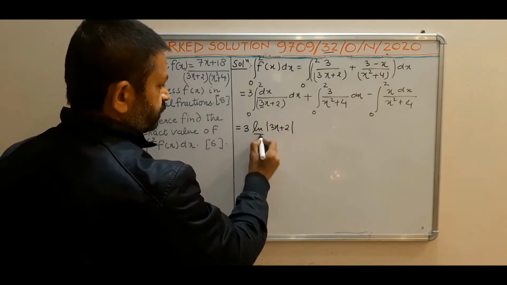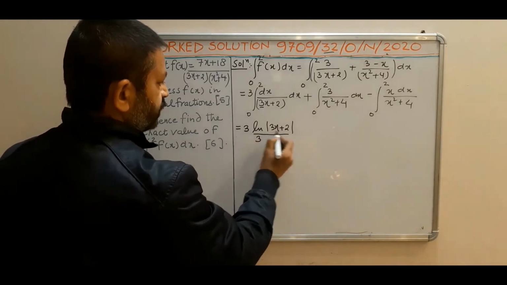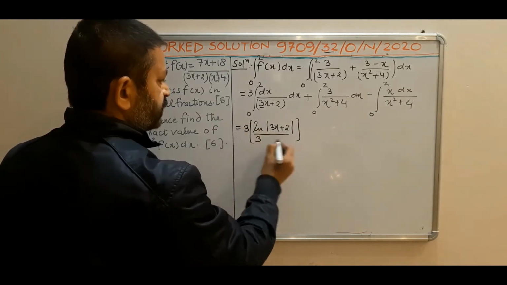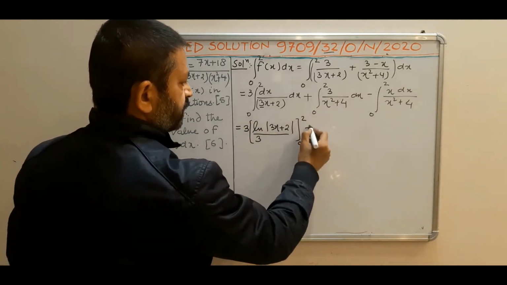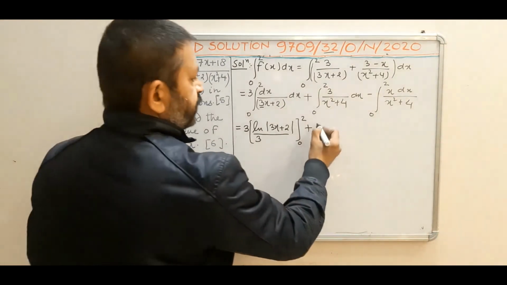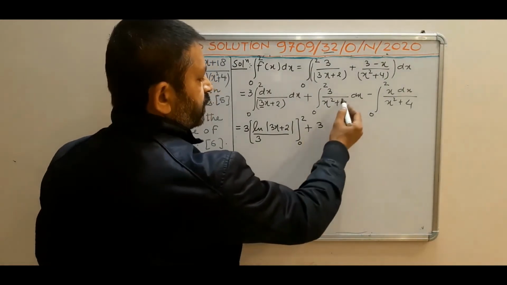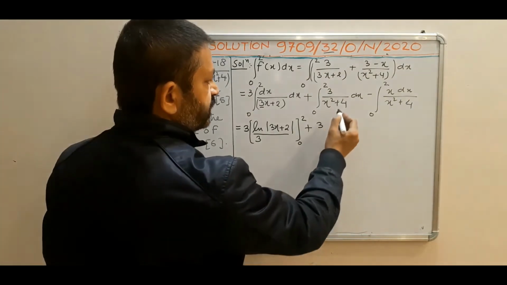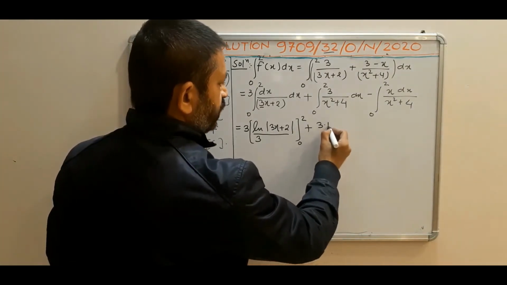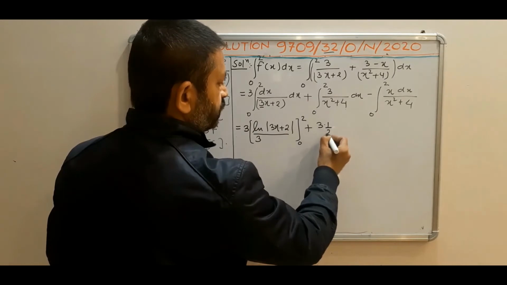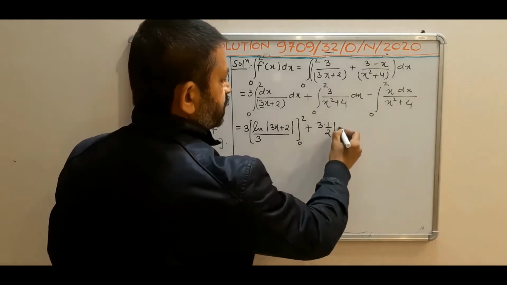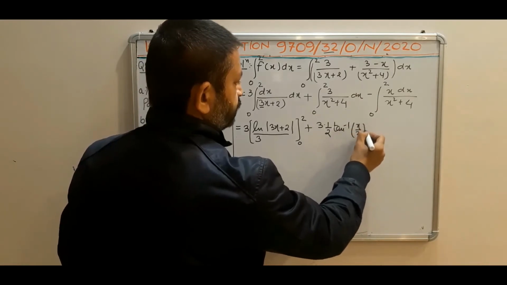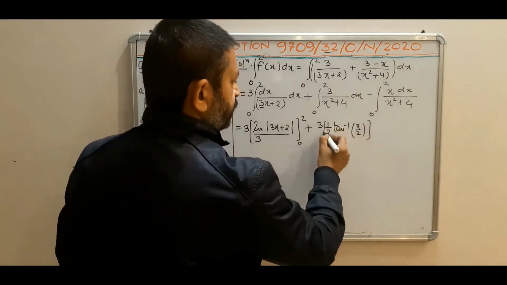So here I'm putting 1 upon 3, and limits are from 0 to 2, plus 3 times. Now integral of 1 upon x² + a² is 1 upon a tan inverse (x upon a). What is your a? A is 2. So tan inverse (x upon 2). Limits are from 0 to 2 only.